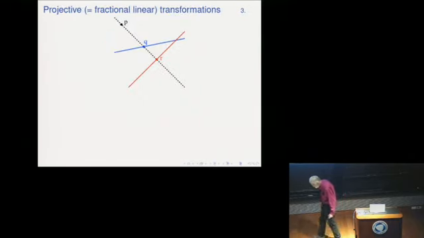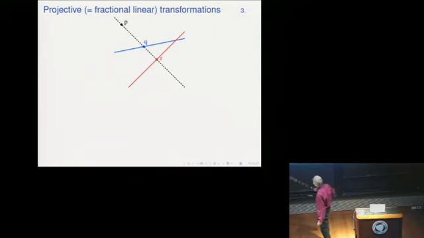Now, projective transformations were defined classically by direct geometric construction. You take two lines in the plane and a point off the lines, and you project from the point P, then the point Q on the blue line corresponds to a point R on the red line, and this gives a one-to-one correspondence, providing you count points at infinity along the lines.